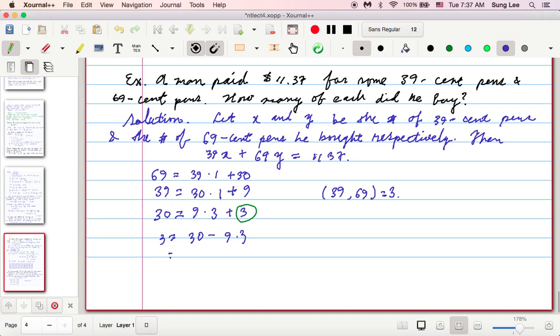And 9 can be written, by the previous step, as 39 minus 30 times 1, times 3, and that equals negative 39 times 3 plus 30 times 4. Okay, 30 times 4.